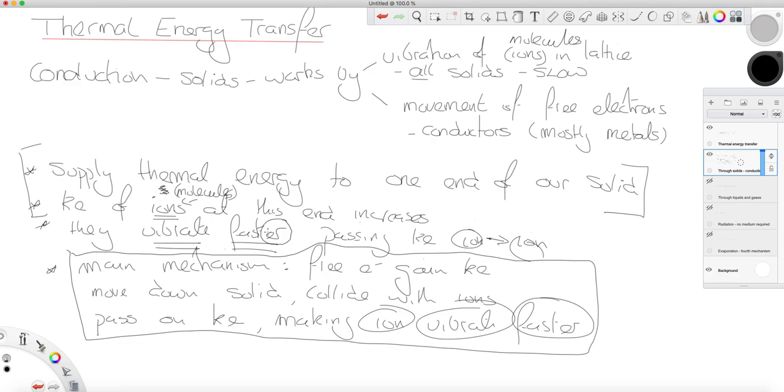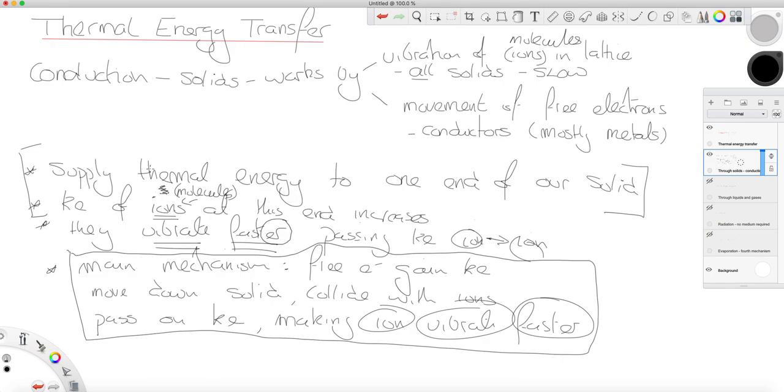They vibrate faster, passing on the KE from molecule to molecule in non-metals, apart from graphite, ion to ion in metals. The main mechanism in conductors, the one that allows conductors to move thermal energy quickly, is that movement of free electrons.